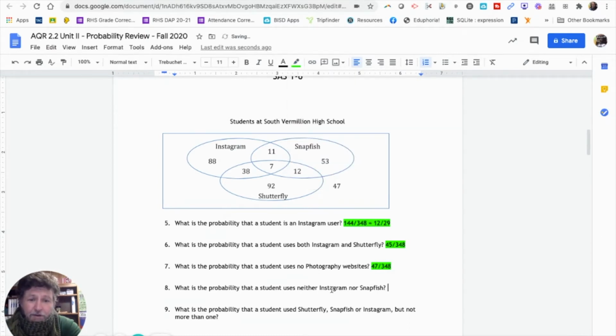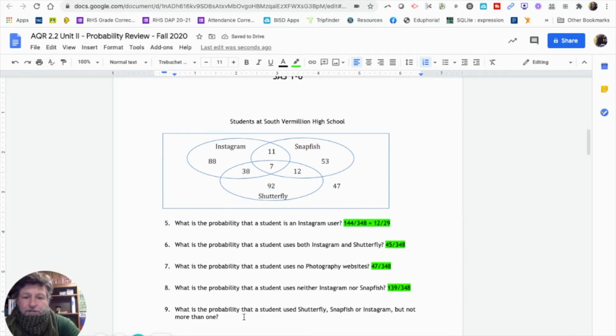So neither Instagram nor Snapfish. In other words, they use only Shutterfly, right? So they don't use Instagram or Snapfish, but they use either Shutterfly or none at all. So it's 92 plus 47 over the sample space, which is 139 over 348.